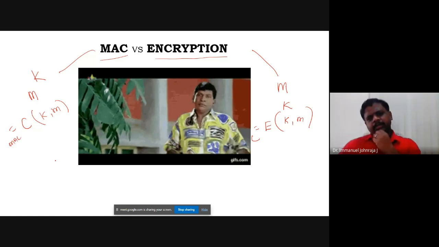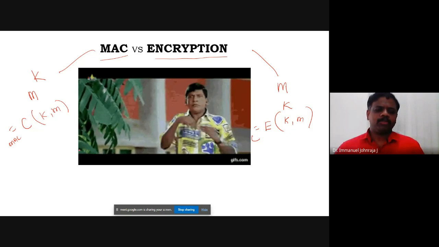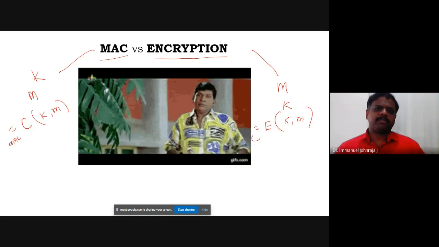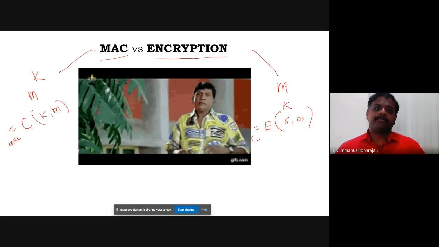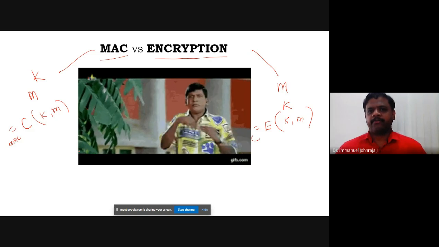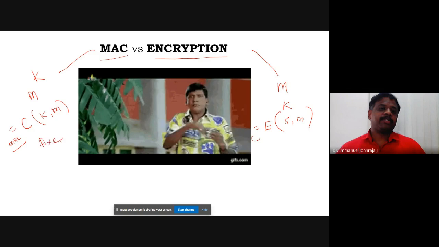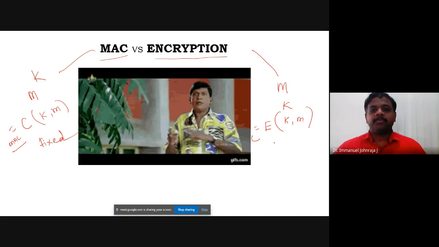But what is the difference? Both are using the key. Both are using the original message. Both are calculating something; some functions are applied. What is the fundamental difference? One of the differences, as you could recall, is that MAC produces fixed length output, whereas encryption produces output based on the input.